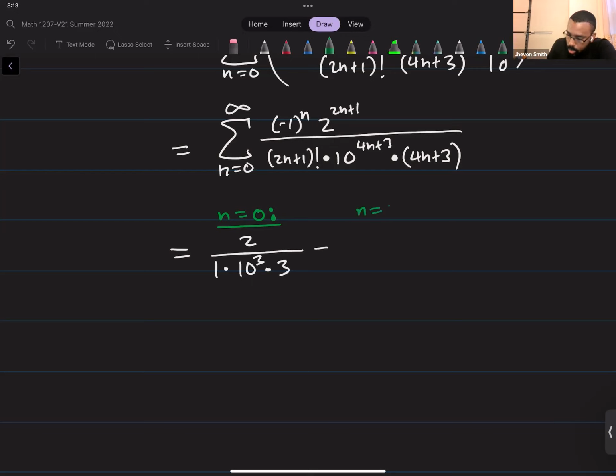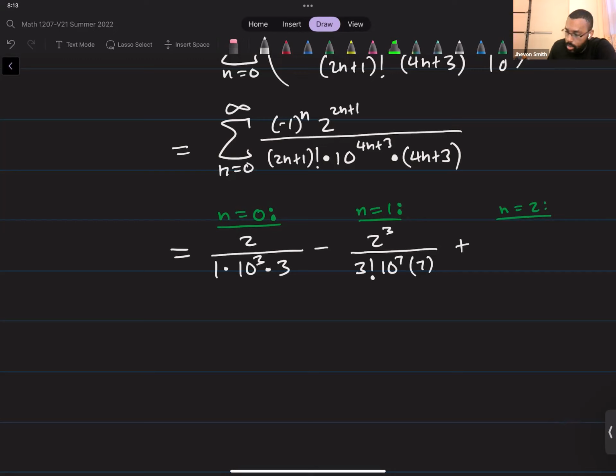Now I'm going to plug in n equals 1. So this would be 2 cubed over, this is 3 factorial, 10 to the 7 times 7 plus, plug in n equals 2.